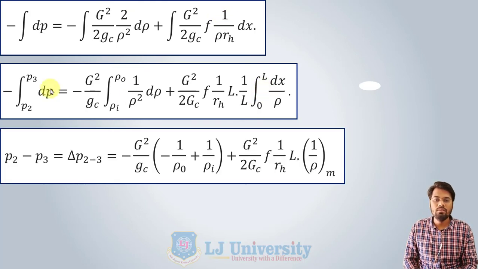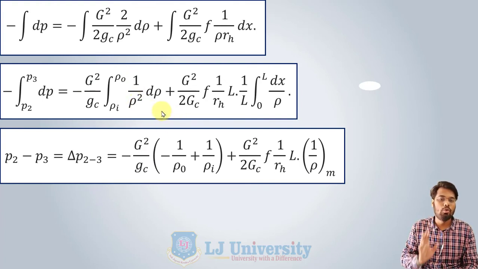Here it becomes upper limit minus lower limit, so P3 minus P2, but due to this minus sign it becomes P2 minus P3. So delta P2 to 3, the change in pressure or pressure drop at the core, is equal to minus G square by gc, which remains as it is. The integration of 1 upon rho square becomes minus 1 upon rho.